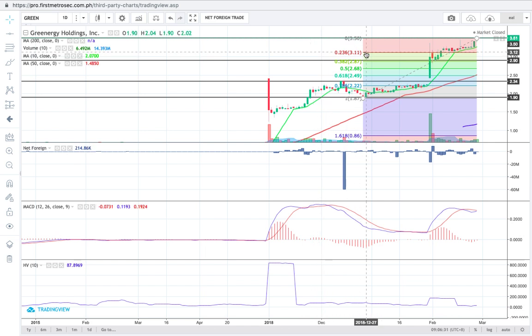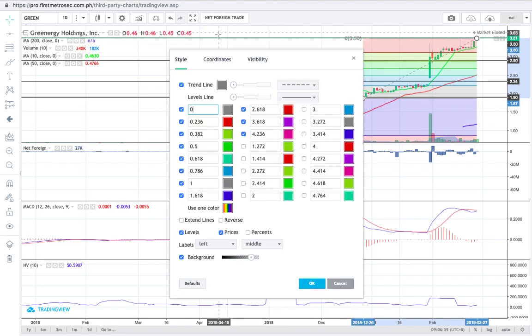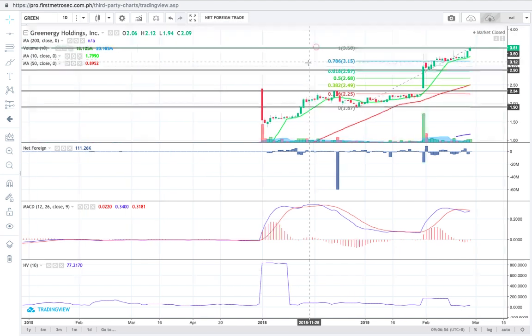Of course, you will have to click on the Fibonacci retracement that we have plotted, and then you click on the settings here. Left click. And then you will see here reverse. Just check that box. Click OK. And then let's not show the background so that it will be relatively cleaner. Okay, there you go.